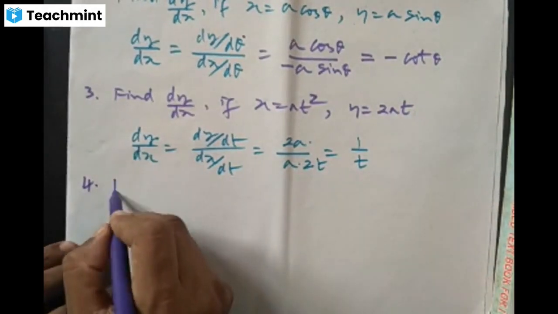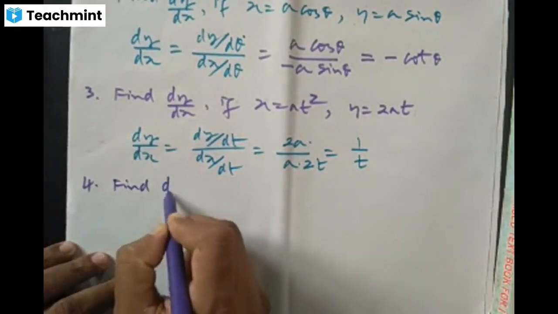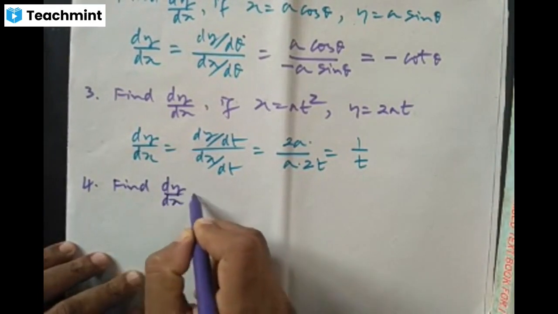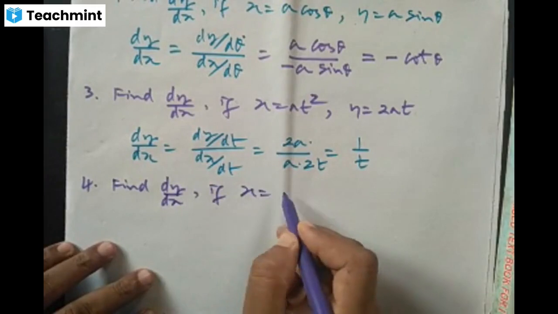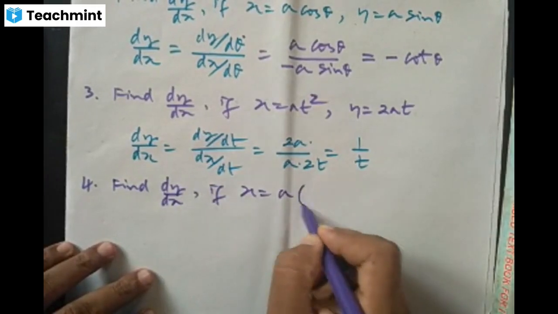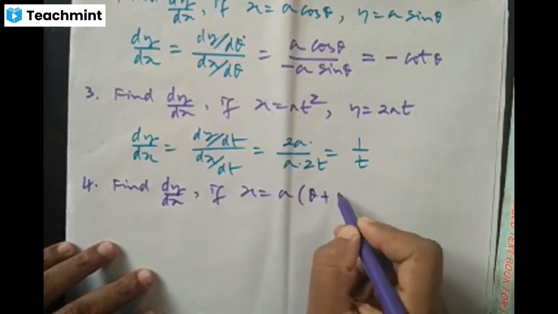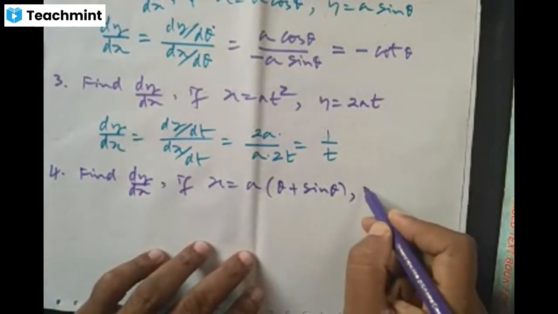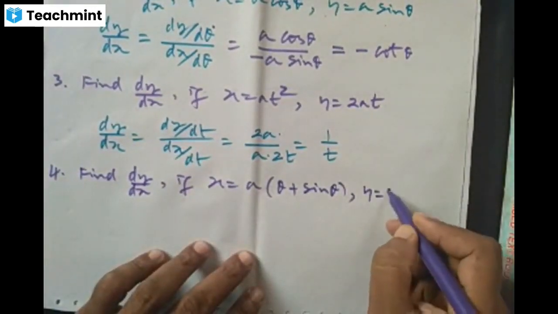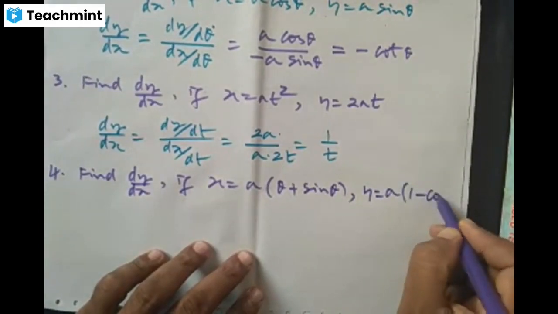Problem number 4. Find dy by dx if x is equal to a into theta plus sin theta, and y is equal to a into 1 minus cos theta.